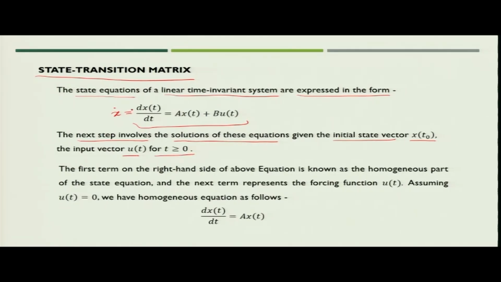Now, if you see this particular equation, the right hand side is known as the homogeneous part of the state equation, and the next term is the forcing function, that is u(t). If you assume for the time being that u(t) is 0, then we have the homogeneous equation, dx/dt equal to A x(t).